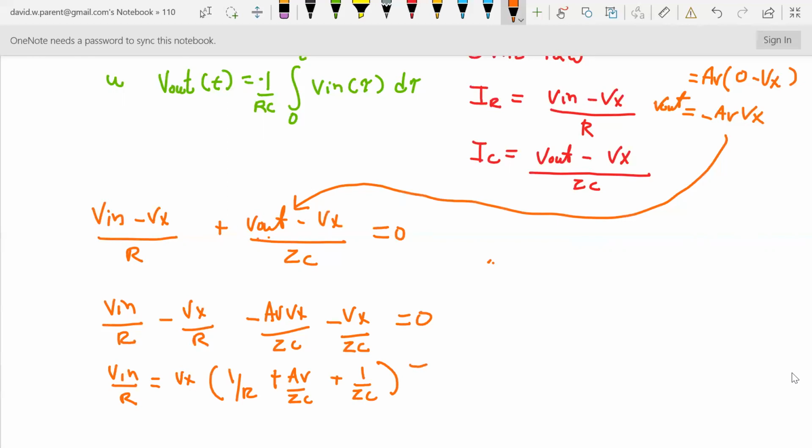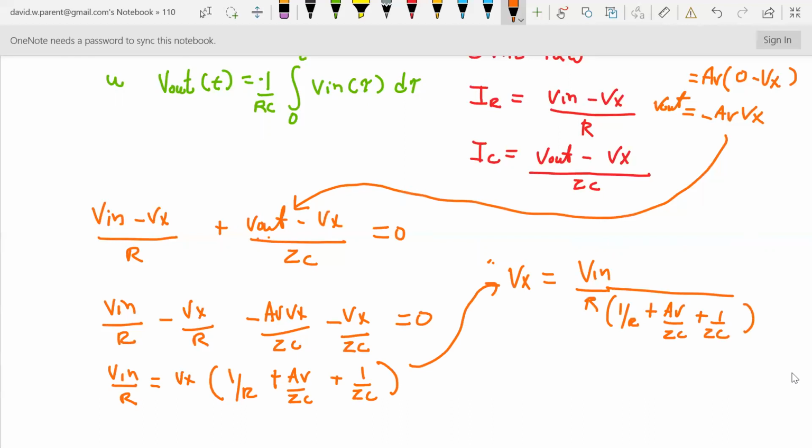All right. And so Vx will equal Vn divided by R, over 1 over R plus AV divided by Zc plus 1 over Zc. All right.